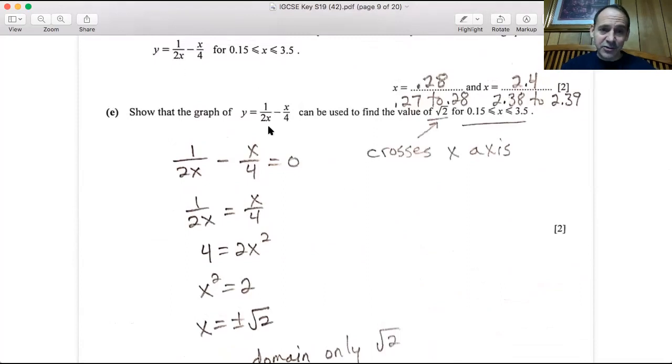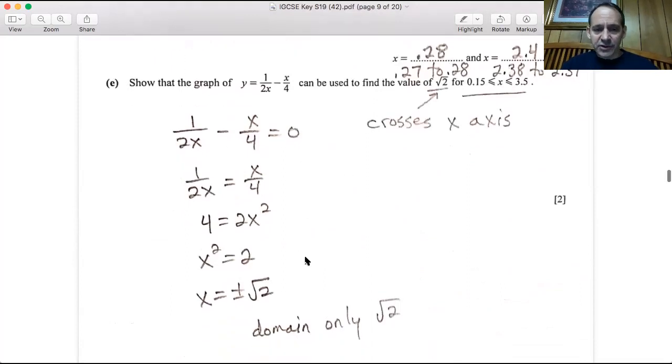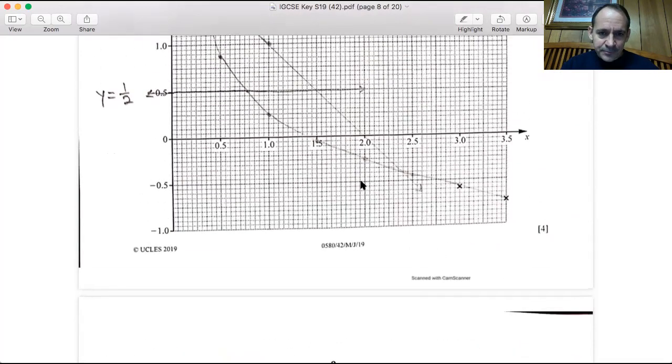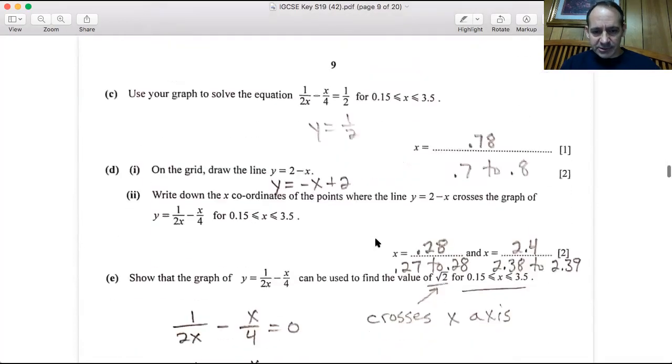So you can use this to set it equal to 0 and solve for root 2. And what they're telling you is the root 2 is where it crosses the x-axis. And if you take your root 2 on your calculator and you look at where your graph crosses the x-axis, you're pretty much going to get the same value. Root 2 is, I think, 1.4 something, but you can look at it yourself.